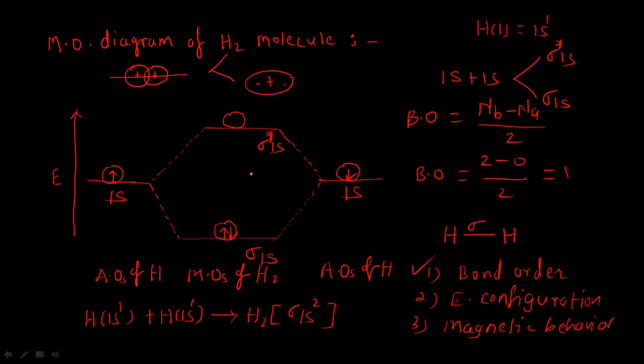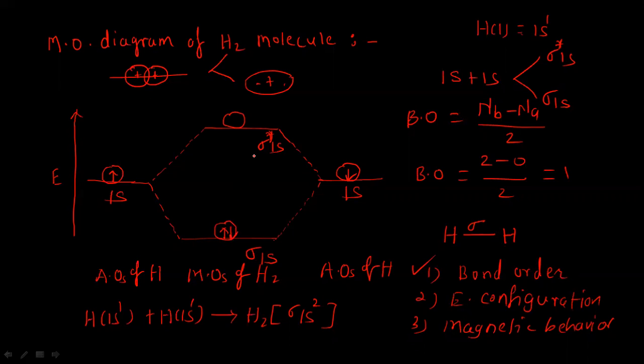Now let us explain the magnetic behavior of the hydrogen molecule. You can see the MO diagram for this purpose. In the bonding molecular orbital sigma 1s, all the electrons are paired. No electron is unpaired there. If the molecule has all electrons paired, then the molecule is diamagnetic.